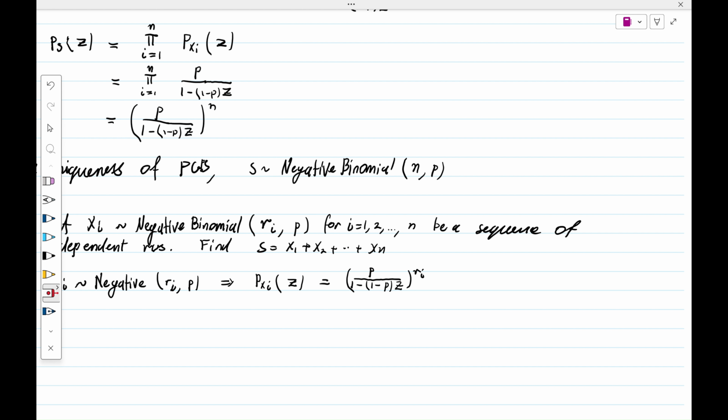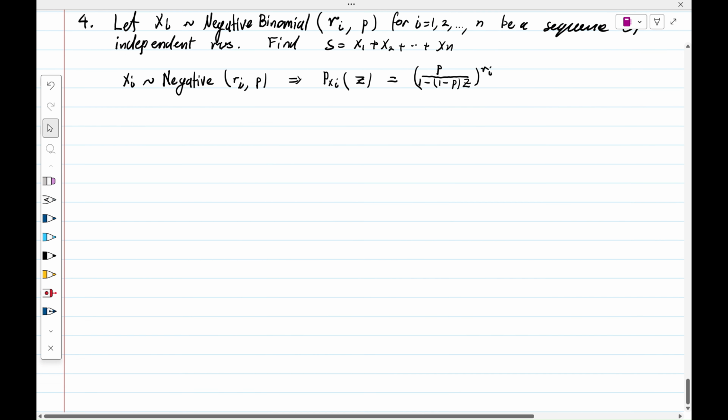In other words, it looks very similar to the PGF that we saw before, except instead of n as the number of successes required before termination, you've got ri as the number of successes.